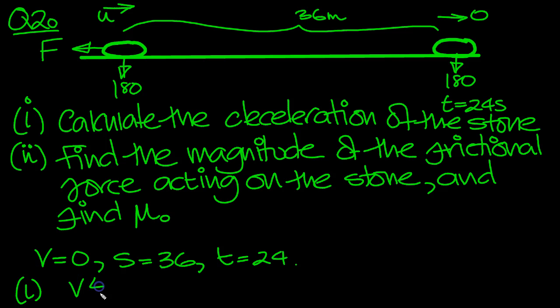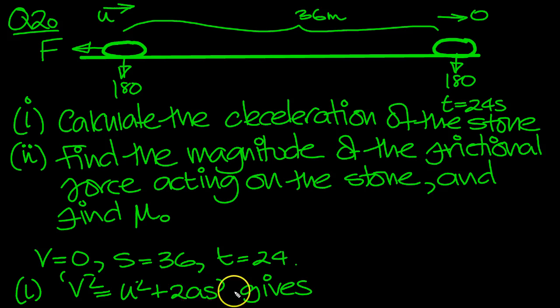If we use v squared equals u squared plus 2as, well, that won't work, because we've got two unknowns here, the acceleration and the initial velocity, so we don't want to use that one.